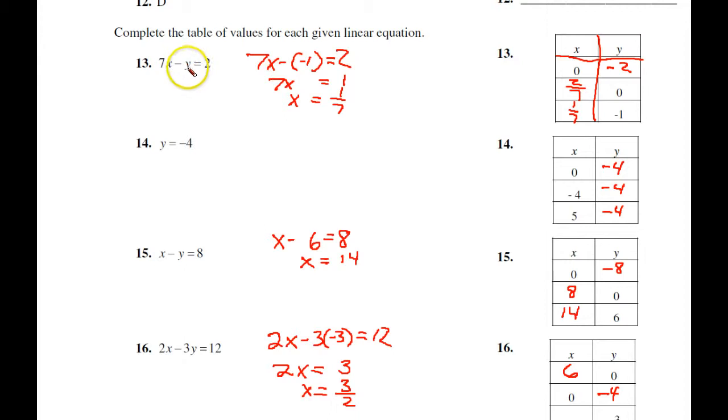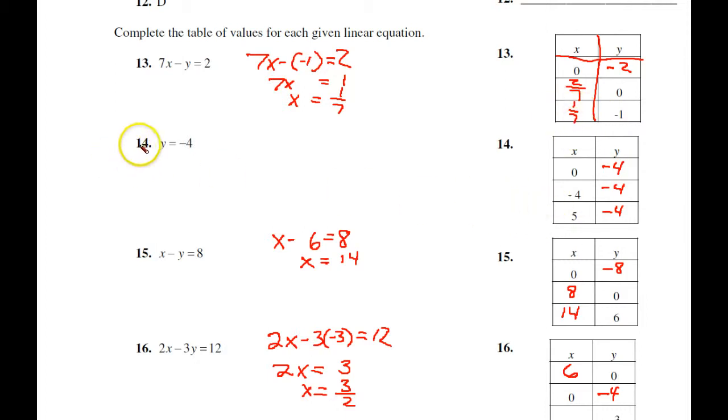Now if Y is 0, we're going to divide both sides by 7, and we get 2 7ths. And if Y is a negative 1, which I put into the equation, that made it a positive 1, that I transpose as a negative 1 on this side. 2 minus 1 is 1. Divide both sides by 7, we get 1/7.